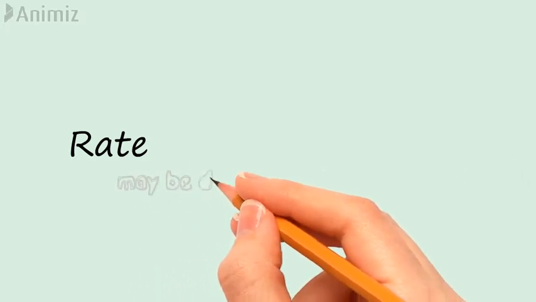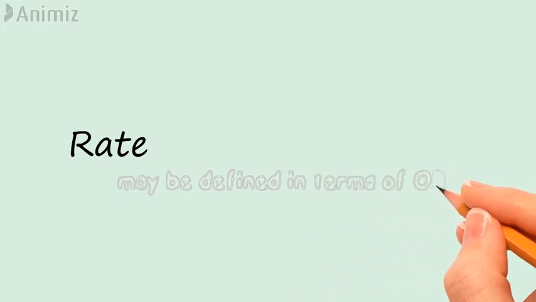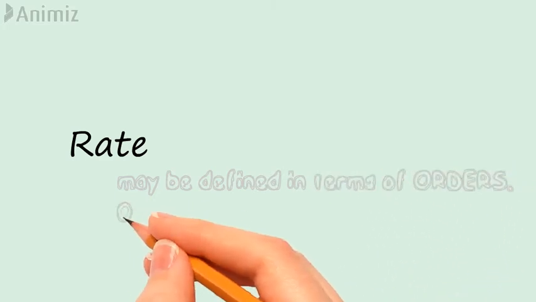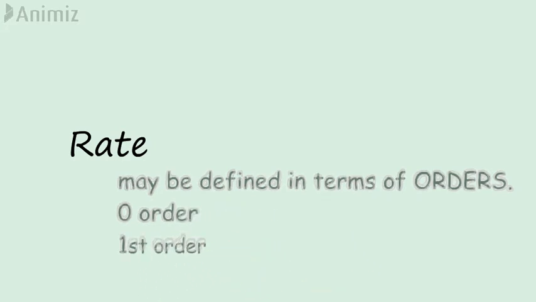The rate of a process may be defined in terms of its specific order, and the important orders of a reaction, especially in pharmacokinetics, are zero order and first order.